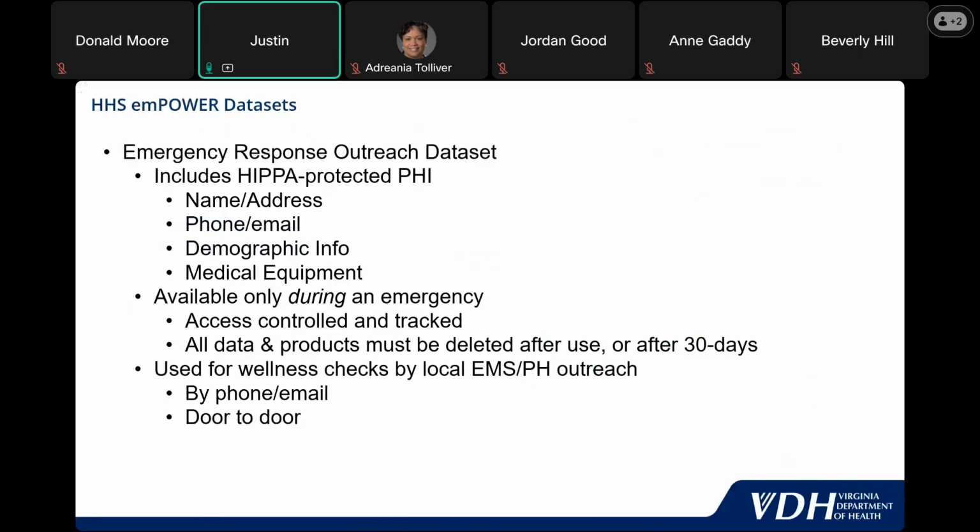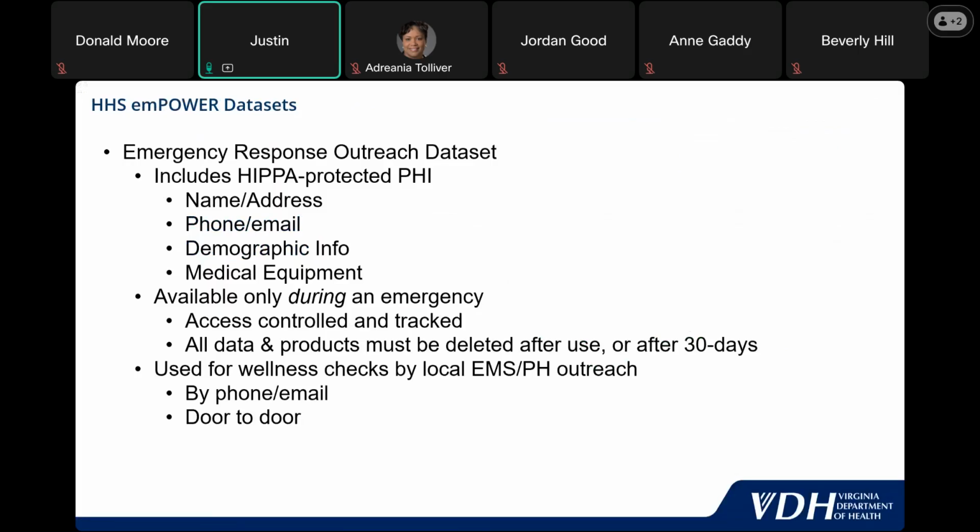All right, the bulk of the meeting today, what I'm going to be discussing is what's called the Emergency Response Outreach Dataset. This is something that we are able to pull during an emergency with individual level data. That includes HIPAA protected personally identifiable information and personal health information.